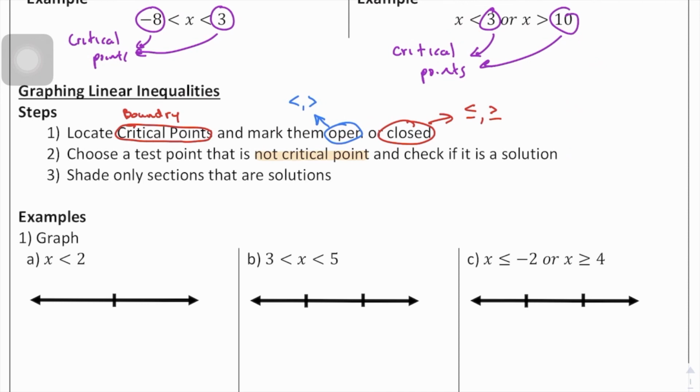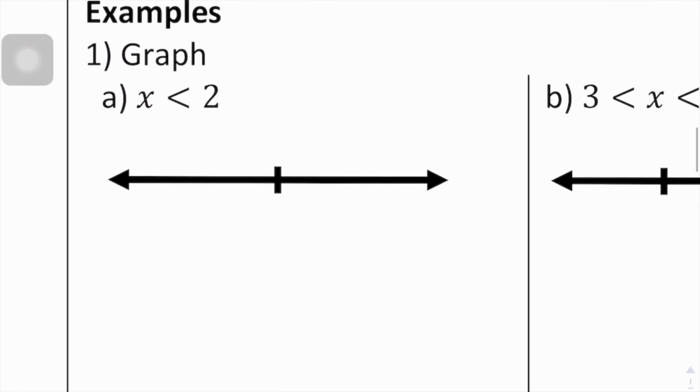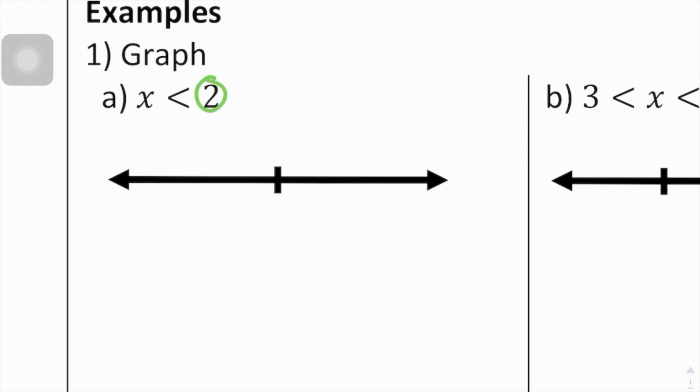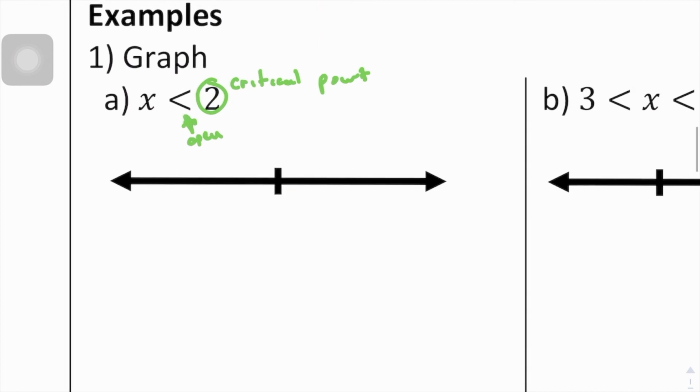So let's take a look at this first example. For the first step, I recognize that this is a critical point. It is going to be an open circle, so I'm not going to fill that circle. I should label that point too. It's at 2.